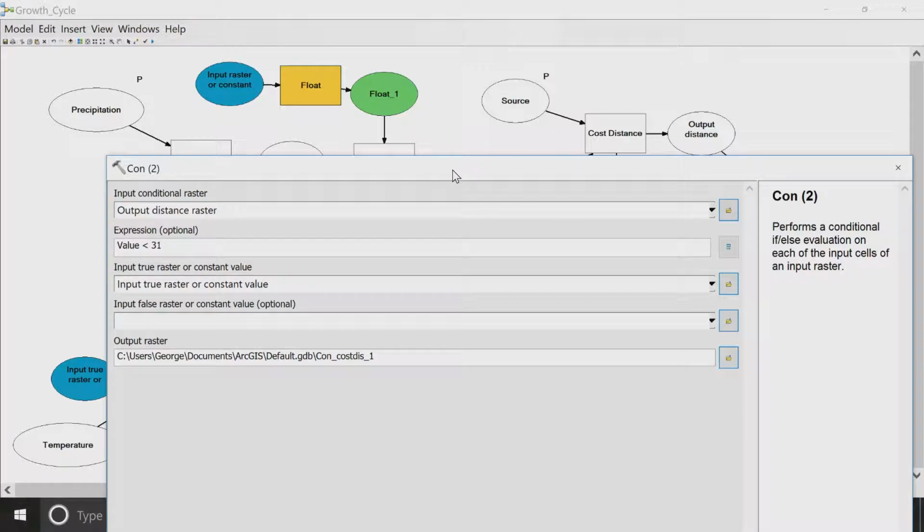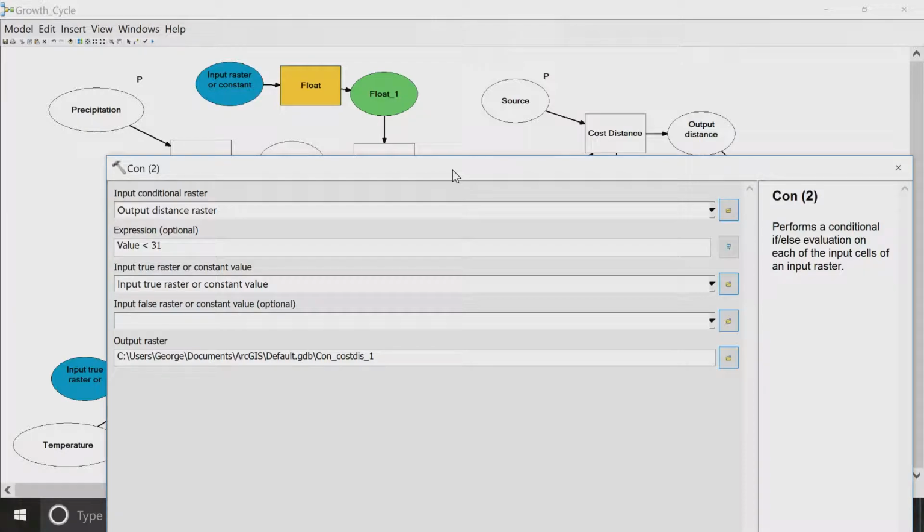why do I do this? Value less than 31. If I was really being slick, I could model. I could have a different number come in each month, but I'm just using 30. 30 is the cutoff because this is less than 31. So if it's less than 31, it gets cut off.